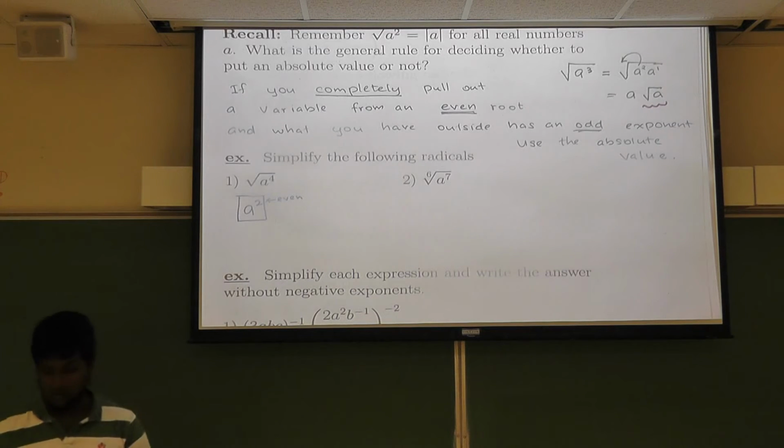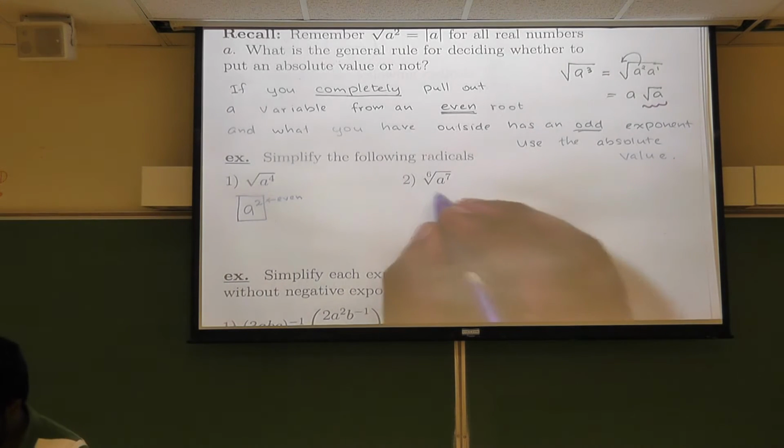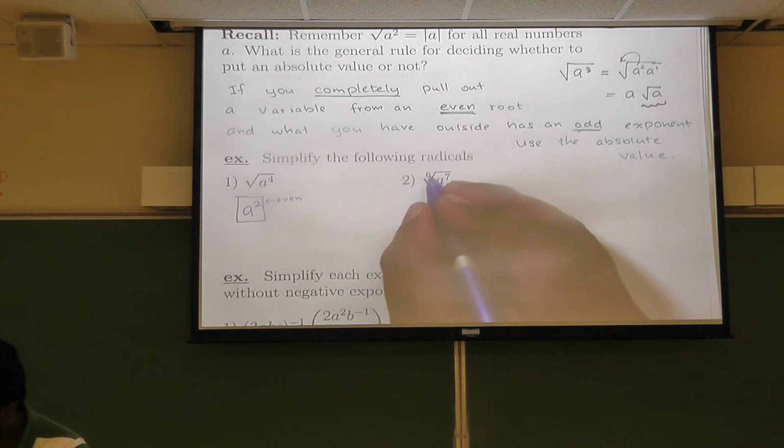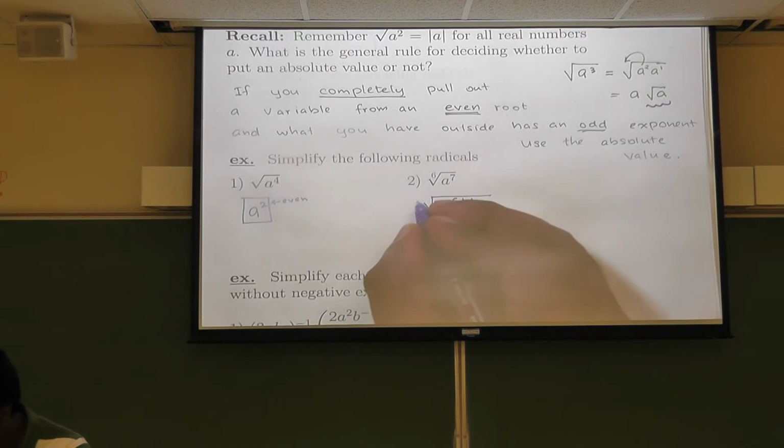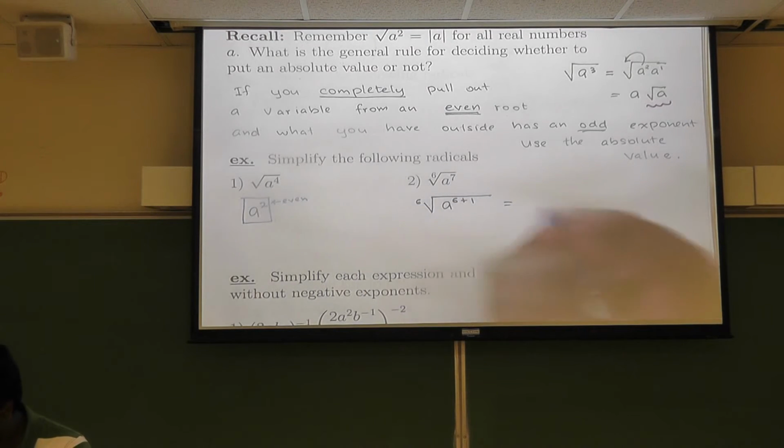Now let's look into the second one. So a to the power 7, and you take the sixth radical or sixth root. What I can do is split it. How do I split it? 6 plus 1 is 7, so I can write it as a to the power 6 times a to the power 1.